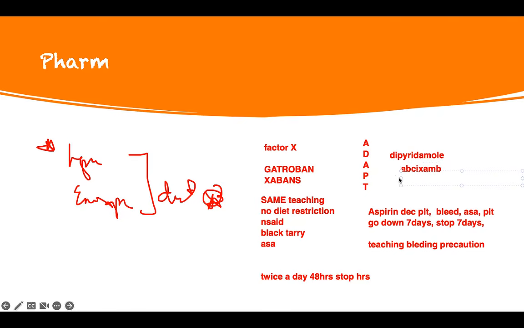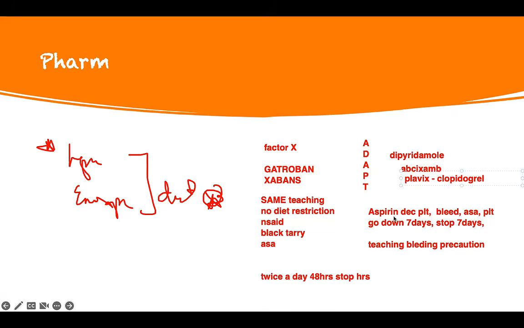The one I want you to know is the P, which is Plavix. But this is the name they will write: clopidogrel. That one you have to know. Clopidogrel is an antiplatelet. The other name is Plavix.